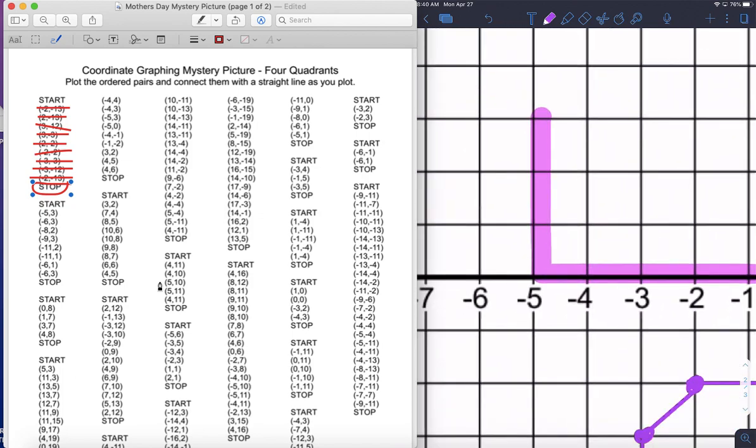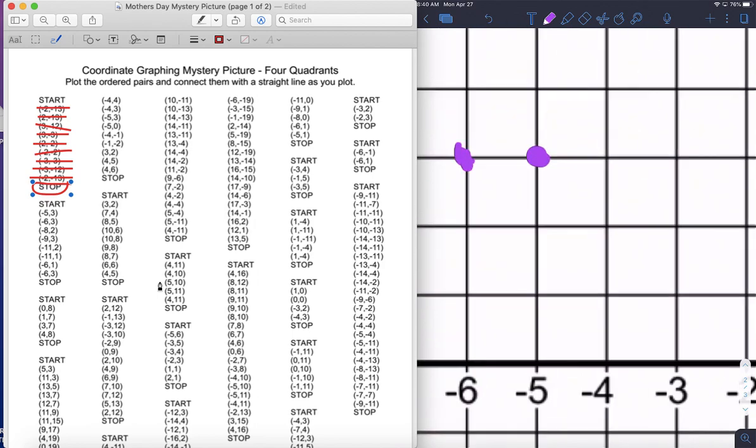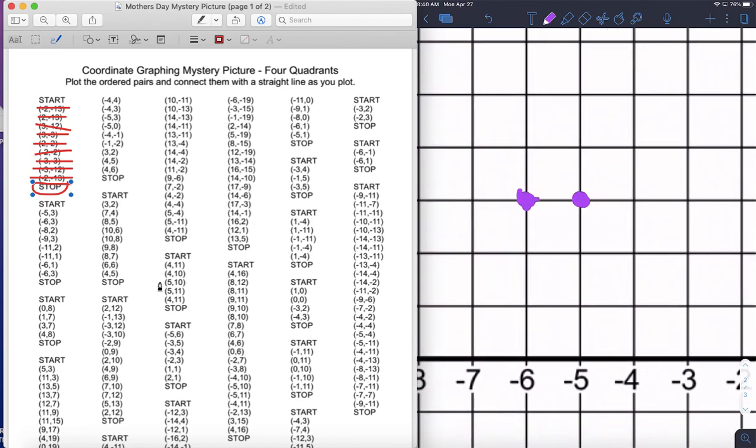This is starting a new part of my picture, a different shape. So I'm actually not going to connect this one at all. I'm just going to start a new one just like I had done before. So then I have -6, +3, and then I'm going to start connecting again. And you just keep going that way until you get your picture.